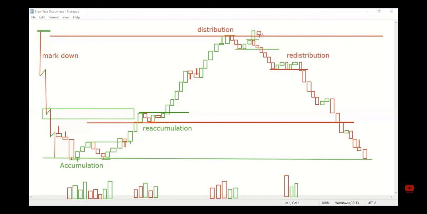So that time it's not our distribution area. It will be reaccumulation here. Breakout happened in the upper direction, bullish candles volume high, reaccumulation. Again, if we see the same situation here for the second time, that time it's a reaccumulation area. We can again go with the buyers more up.